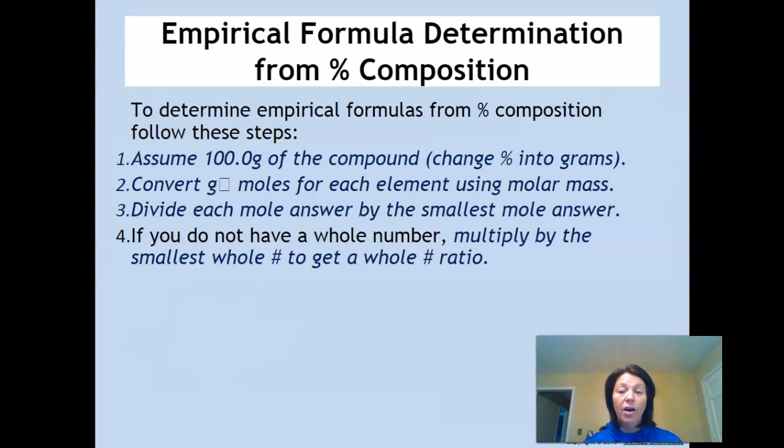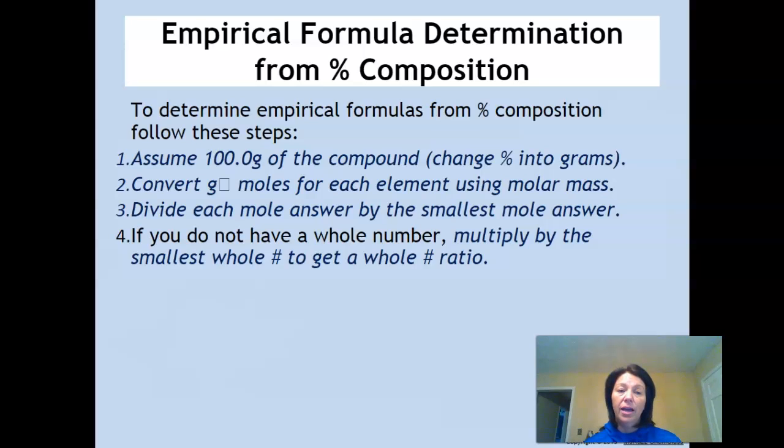If you don't have a whole number, then you have to multiply by the smallest whole number you can use to get your decimal to a whole number. You can use a tenth off. So like yesterday in the example, when we multiplied by 3, we got 6.9.